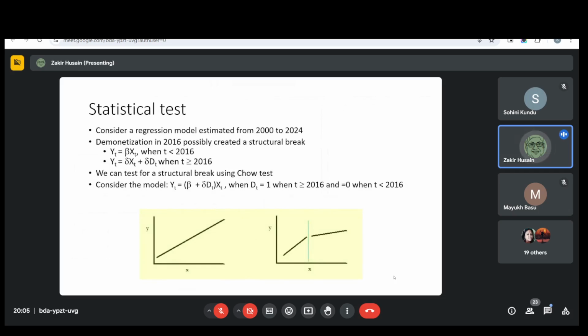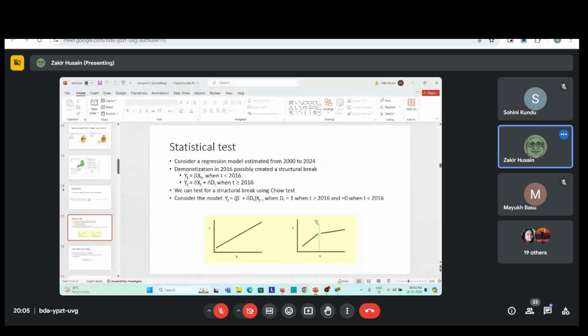The basic concept of a scatter plot, this is something that we are going to use. Sorry, there's a typo over here. In this regression, I have not written the error term.